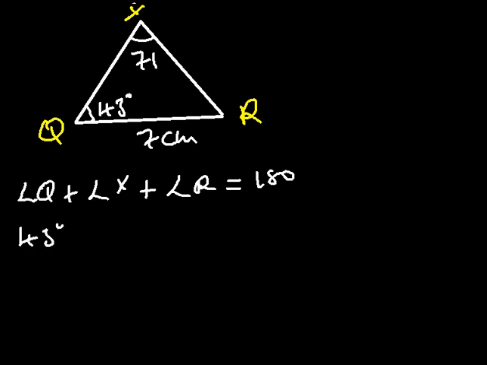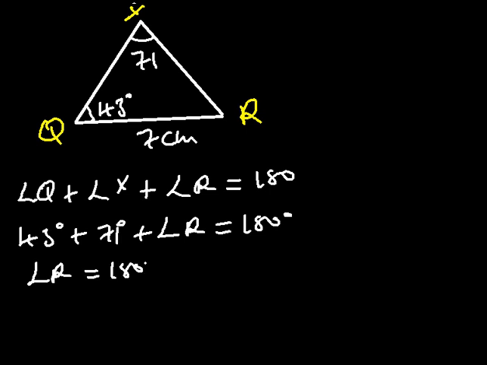So we have 43 degrees plus Y, that is 71 degrees, plus angle R, which is equal to 180 degrees. So what is the angle R? It is given as 180 degrees minus the sum of 43 plus 71, which is 144.